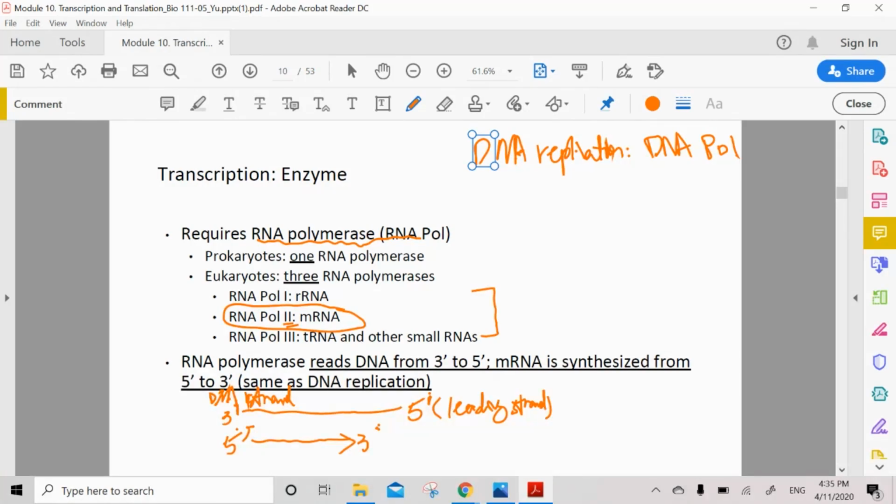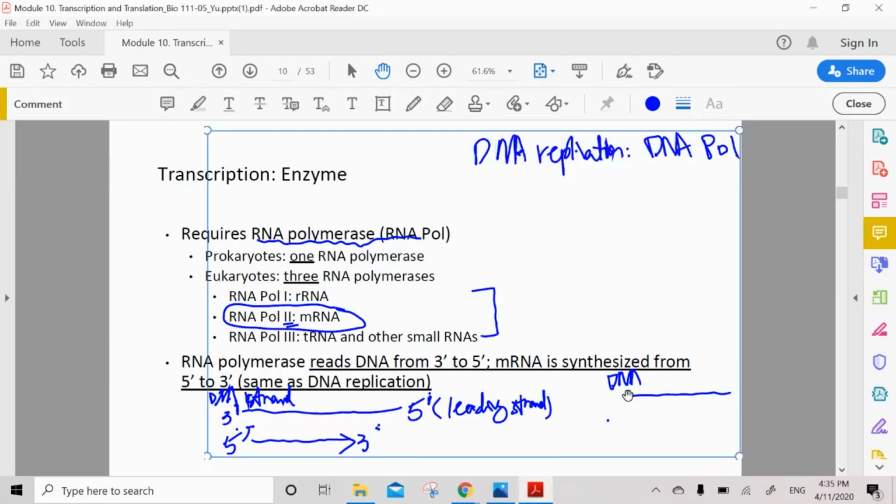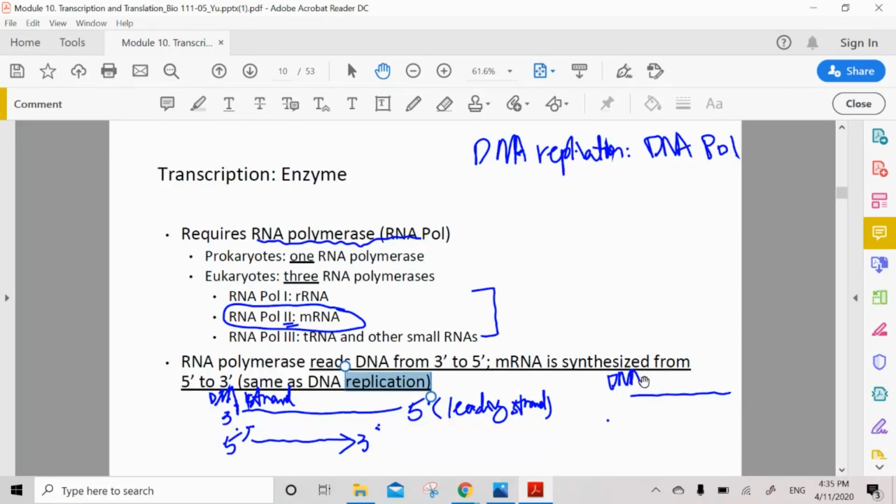Now it's exactly the same thing for RNA polymerase. The DNA template also goes from 3' to 5', and this is how RNA polymerase reads DNA from 3' to 5', and the new mRNA is synthesized from 5' to 3'.